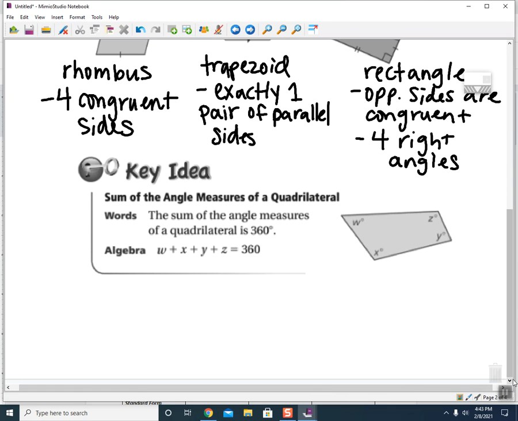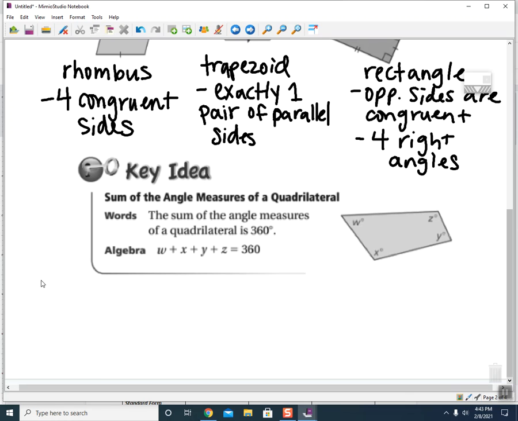Okay, so when we talked about triangles, we knew that all of their angles added up to 180 degrees, right? Well, something similar is true with quadrilaterals. The sum of all of the angles of a quadrilateral is 360 degrees. And that makes sense.